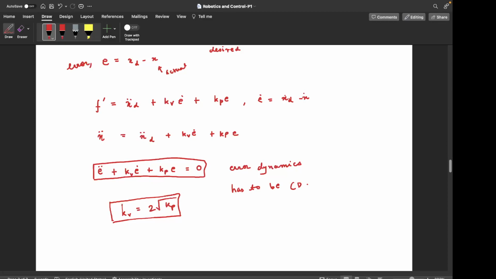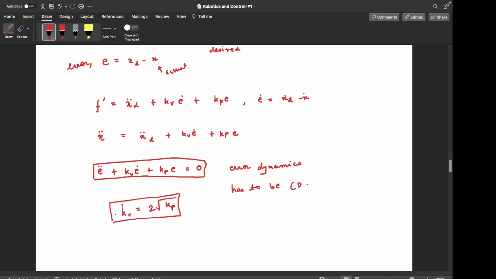So basically, if we select kv and kp such that they satisfy this relationship, then we will track our trajectory as closely as possible.